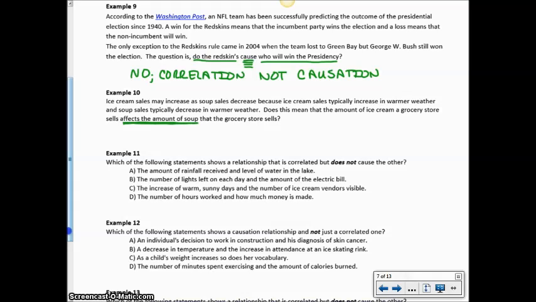Well, just because people are not buying ice cream doesn't necessarily cause the amount of soup to go down. Some people might like soup in the summer. So this one again is no. It's correlation, not causation.